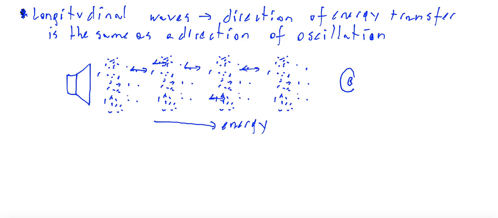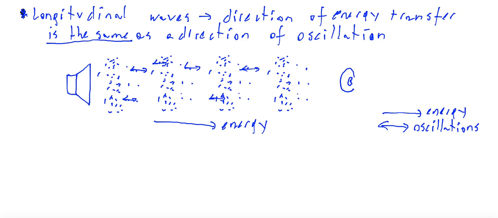So in this case, particles do not move up and down. Particles move left and right. Energy is transferred, in this example, in the horizontal direction, and oscillations are also in the horizontal direction. So I wrote here that in a longitudinal wave the direction of energy transfer is the same as the direction of oscillation.